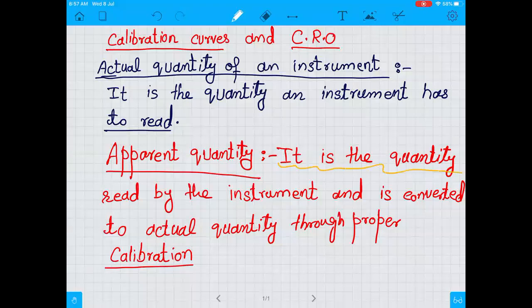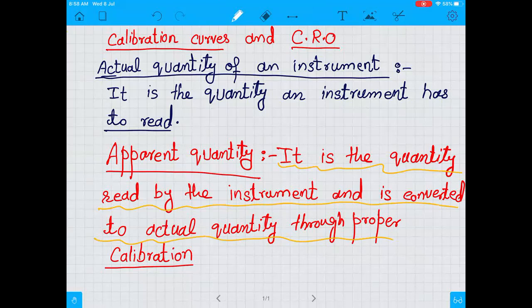So apparent quantity is the quantity that is read by the instrument, and then later on it is converted to actual quantity through proper calibration. So this is the definition of apparent quantity.